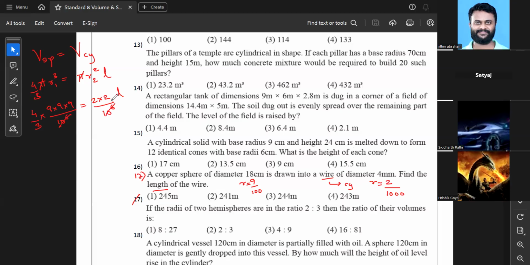I got the mistake that I made. I didn't convert the diameter to radius in the wire. Okay. So 2 into 2 is 4, which cancels from both sides, and 3 and 9 get cancelled. This becomes 3. And in the end, you have 81 multiplied by 3. How much is that? 243. Correct. So 243 will be your correct answer.